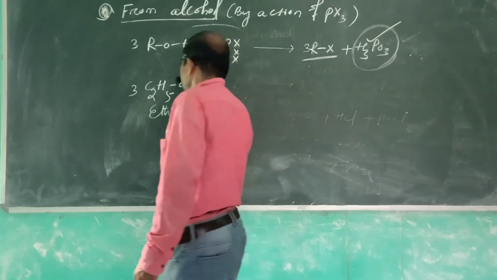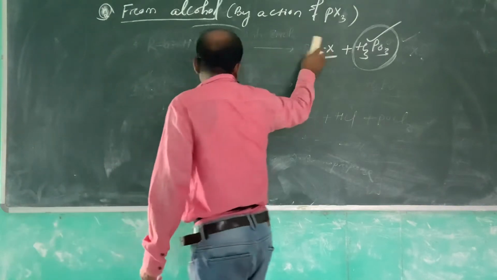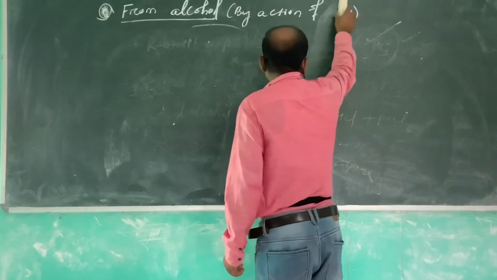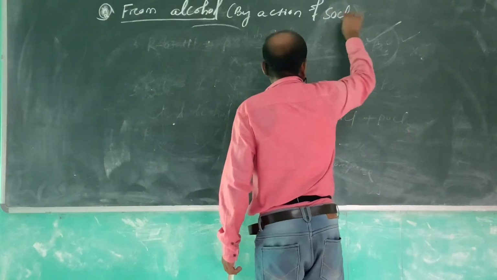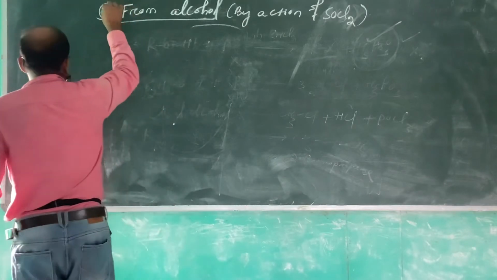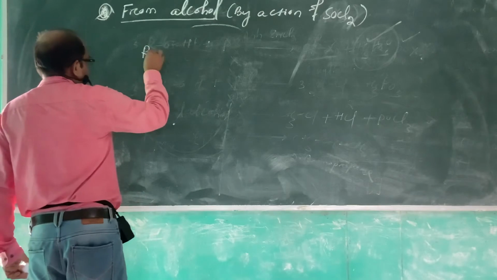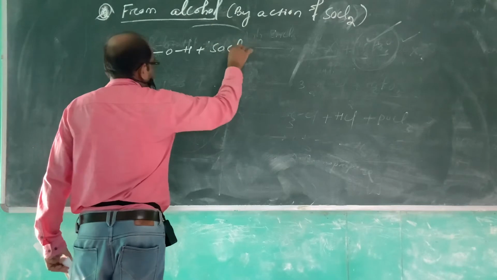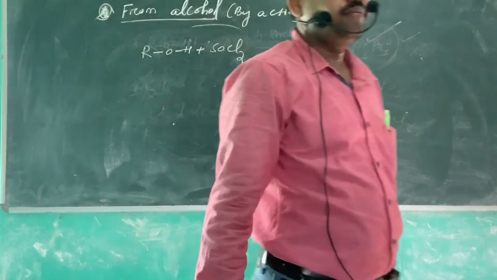Let us consider preparation of monohaloalkane from alcohol by the action of thionyl chloride, SOCl2, the formula for thionyl chloride. Method number 6. When alcohol reacts with thionyl chloride, it produces the corresponding alkyl chloride.